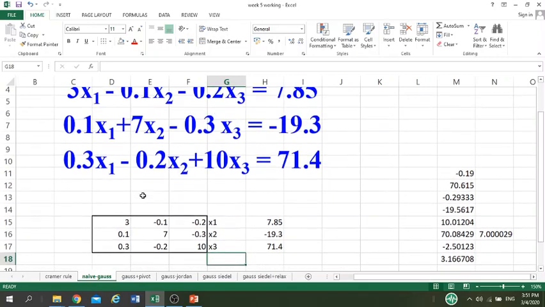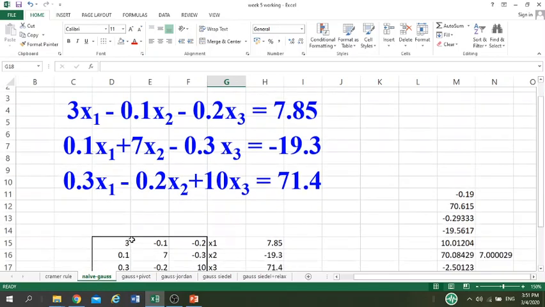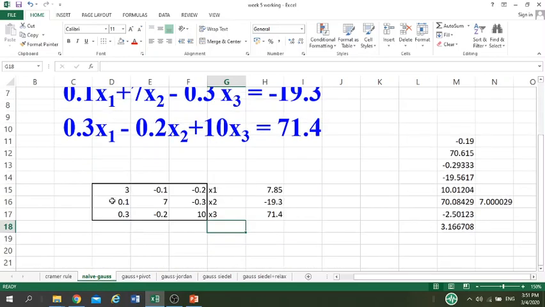To start off naive Gauss elimination, we have to make all these numbers into 0.